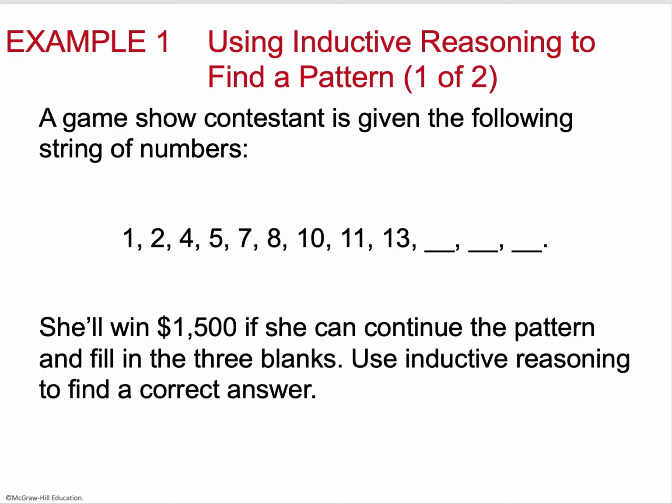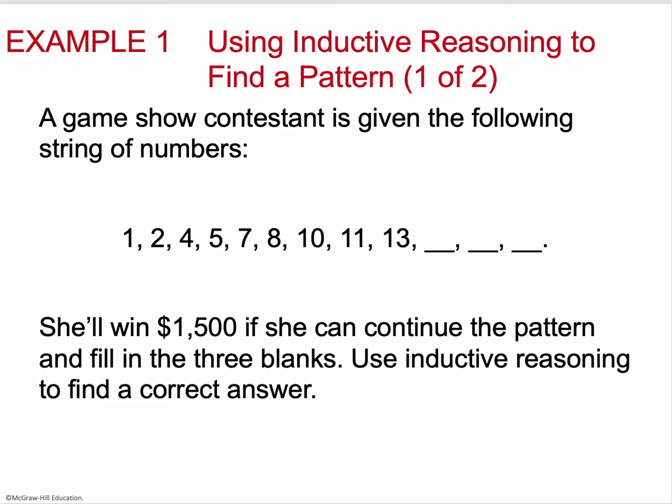An example of how that works in math is, let's say we have a game show and the contestant is given a string of numbers, and you win $1,500 if you can finish the pattern. Inductive reasoning means I'm going to observe a pattern that's occurring here.